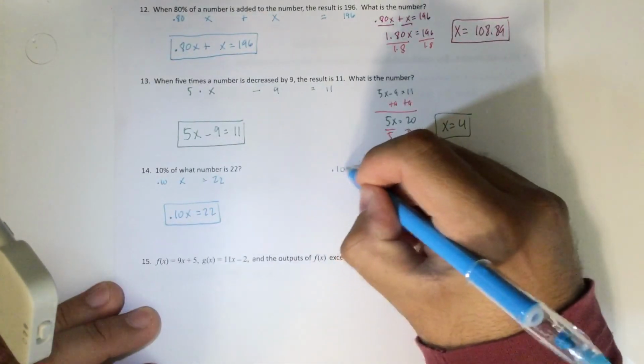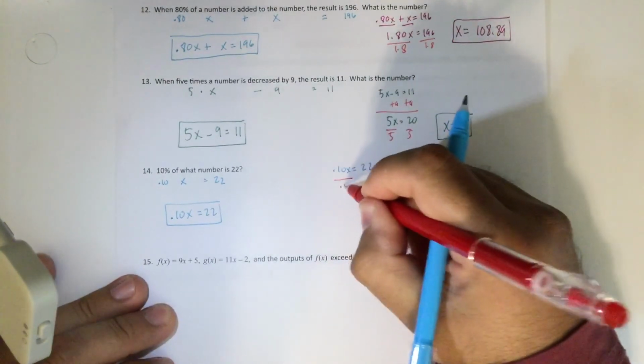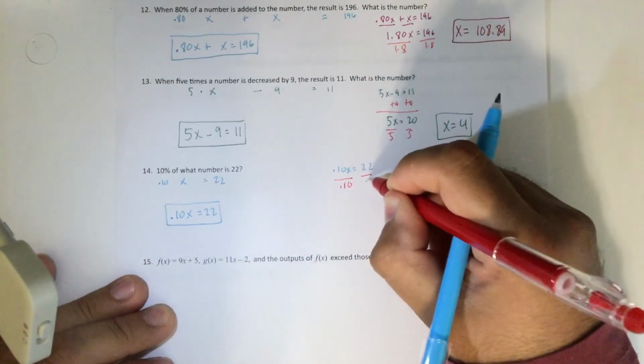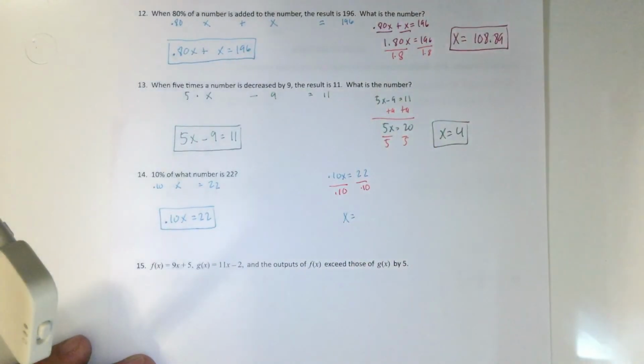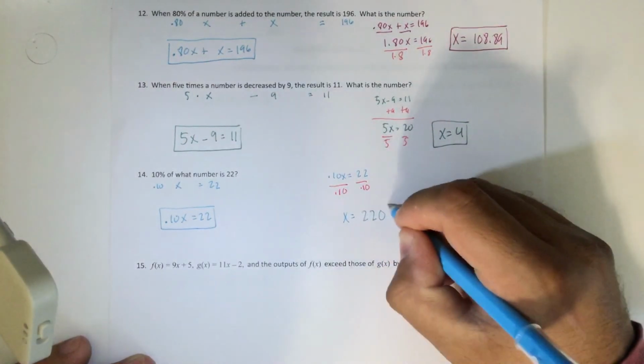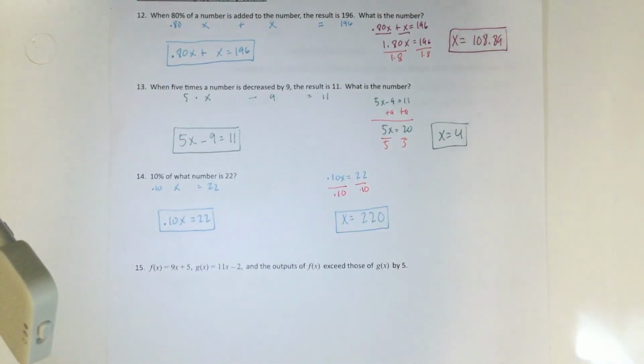Divide both sides by 0.10. So x equals 22 divided by 0.1, which is 220. All right, there's my work. There's my answer. Let's move on to the next one, number 15.